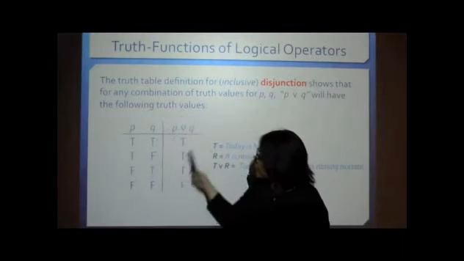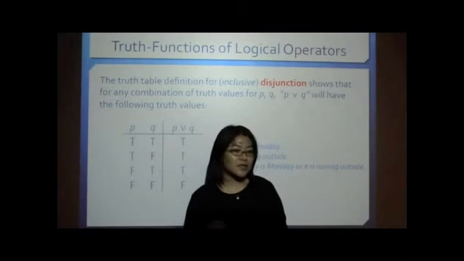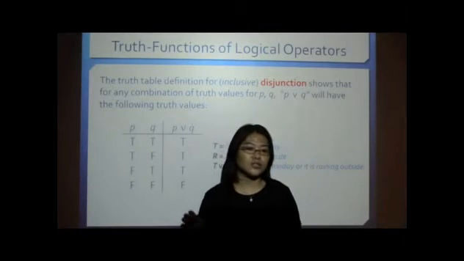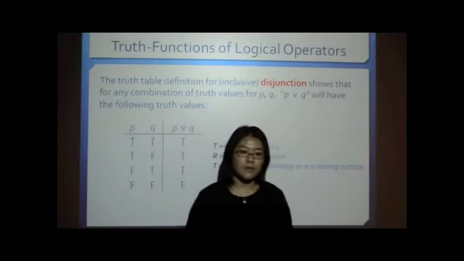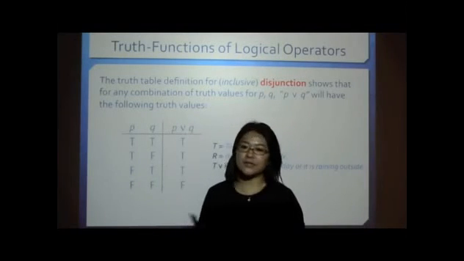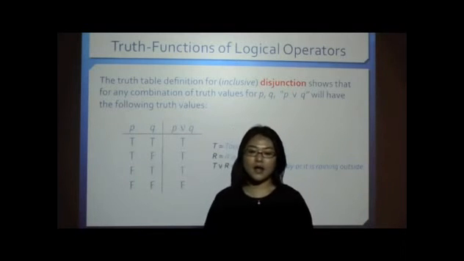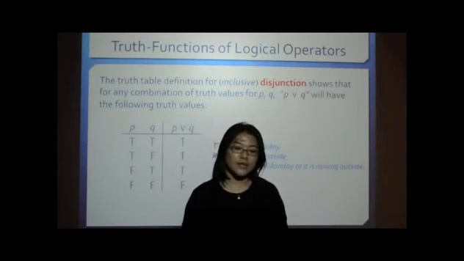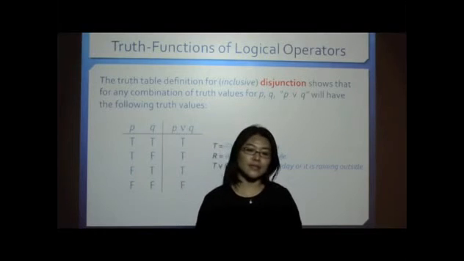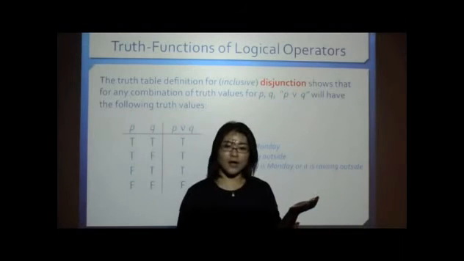Now, if you think about it, the disjunction actually makes sense in a specific understanding of the disjunction operator. Let me give you an ordinary language example. In ordinary language, we think of the disjunction, the wedge, as associated with the word or. So if I give you the statement, you have apples or you have oranges, when is that statement true? It's true if you have apples and you don't have oranges.